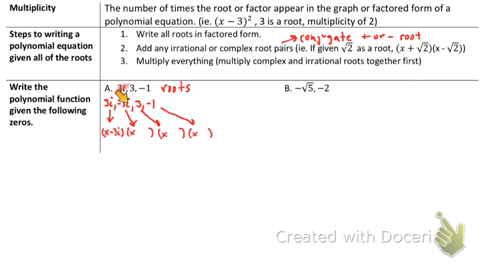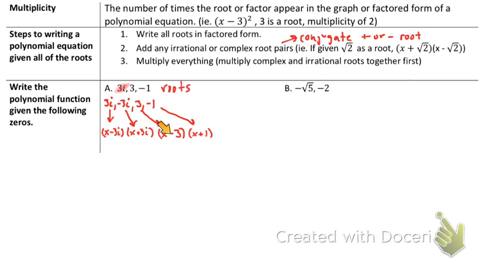Negative 3i turns into positive 3i in factored form. 3 turns into negative 3. And negative 1 turns into positive 1. Once we have that, we have already taken care of step 2 by doing the conjugate, the plus and minus signs. Now we simply have to multiply everything.